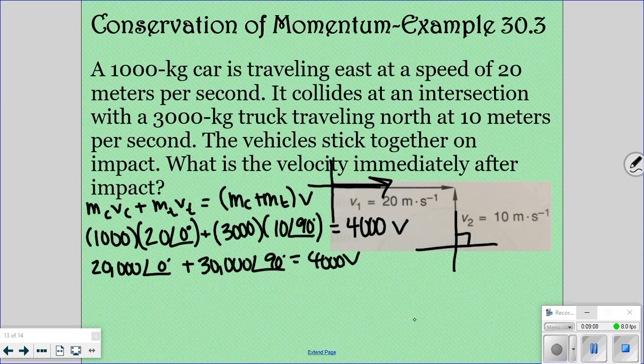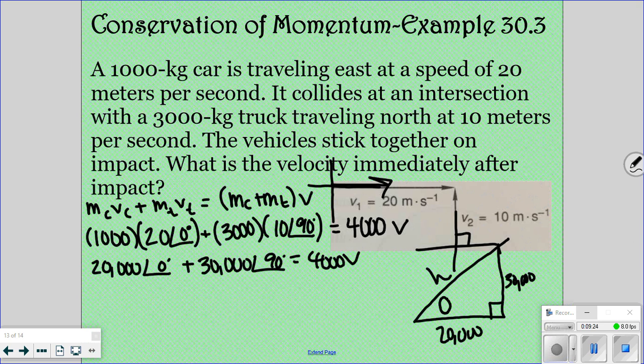And so we're going to draw one vector and then the other vector. That's a 90-degree angle, so we have 20,000 and 30,000. And then we need to find the hypotenuse and the theta. So you should be able to do that completely by yourself now.